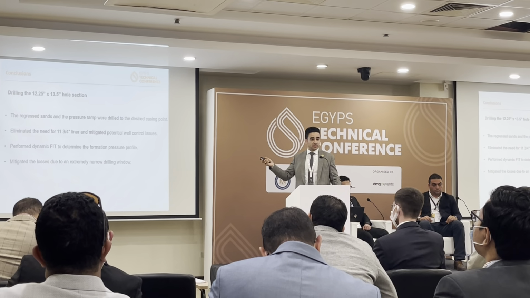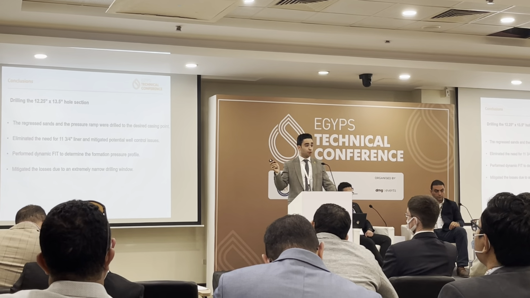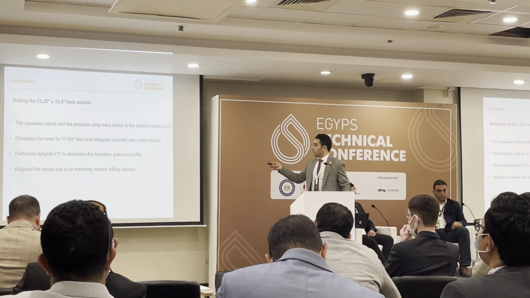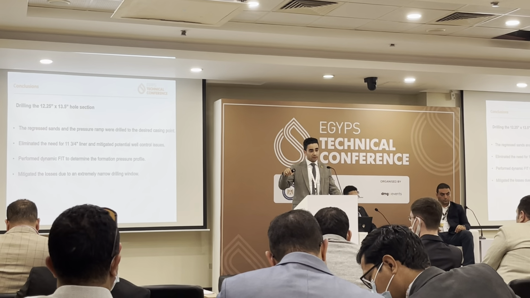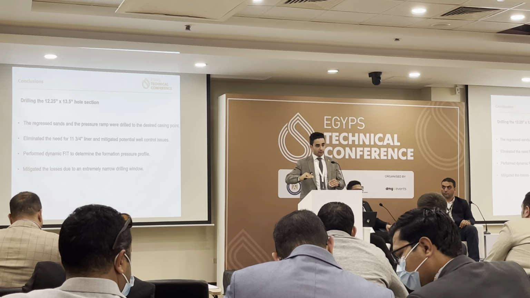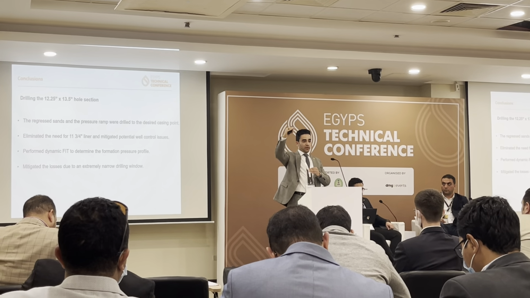We performed FIT to validate the pressure portfolio, and we also mitigated the losses at the end of the 12 1/4 section, where we had a bleeding formation down in the hole, and we have weak sands up there.